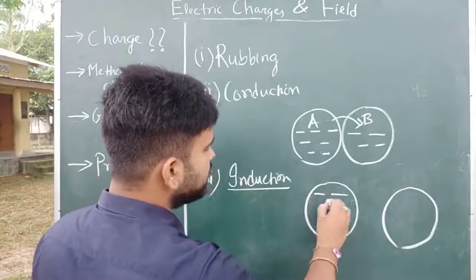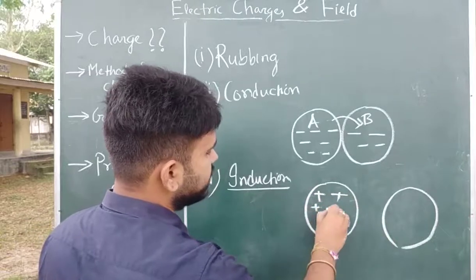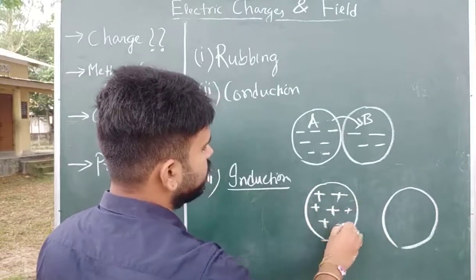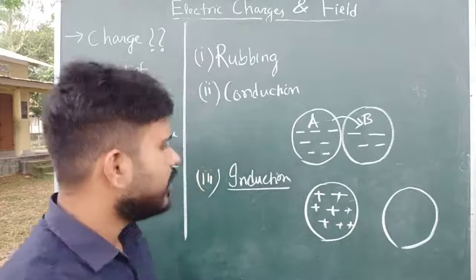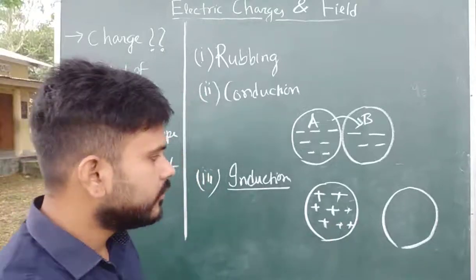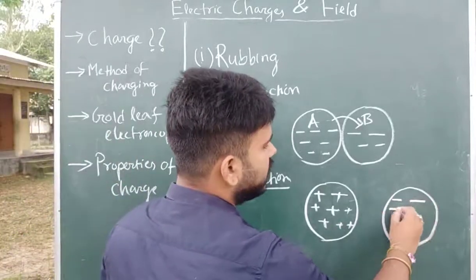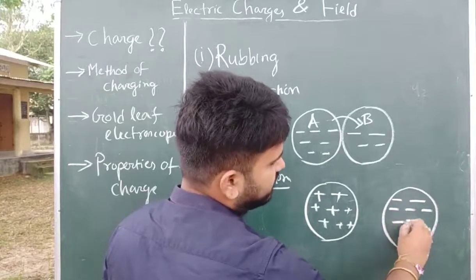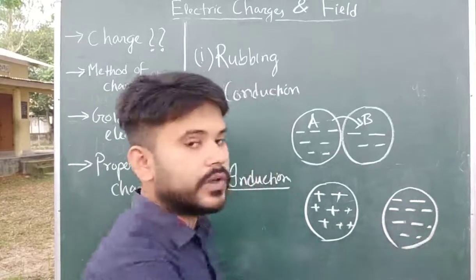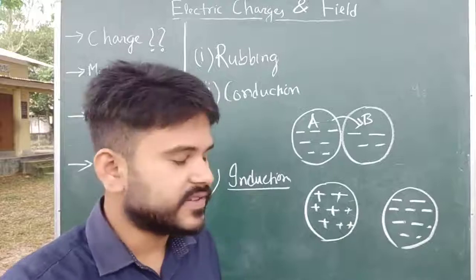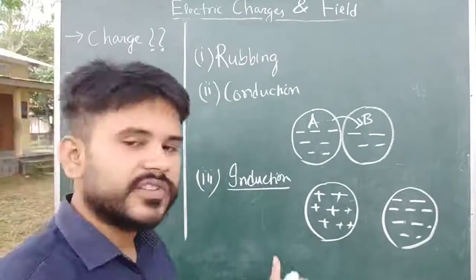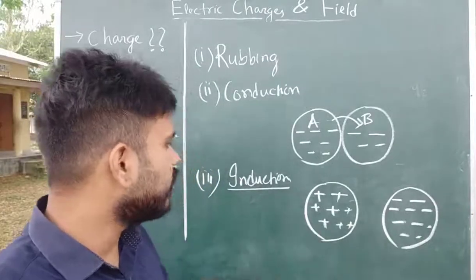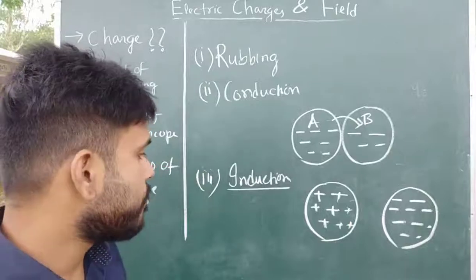Suppose one of them is positively charged. Then due to induction, the other will get reverse polarized, that is, it acquires some negative charge. So this is the method of induction for charging.